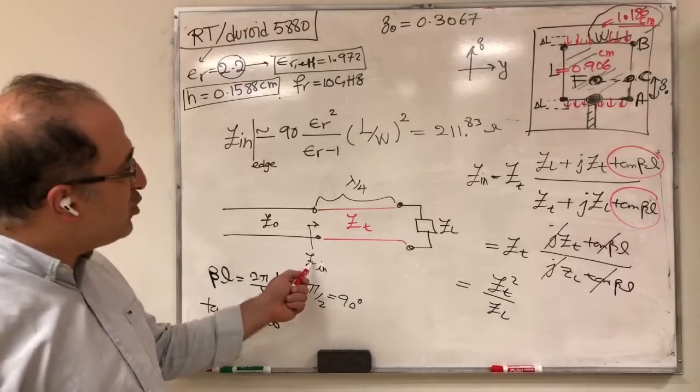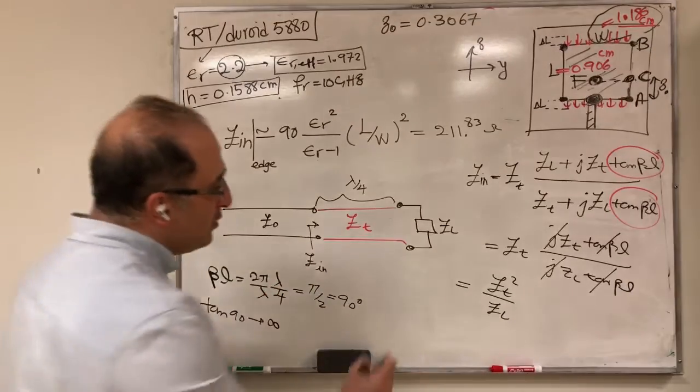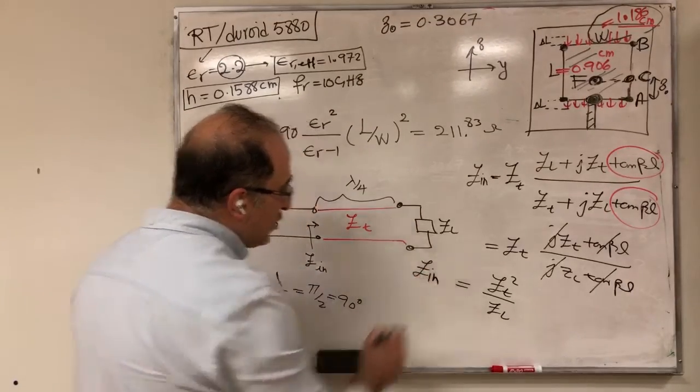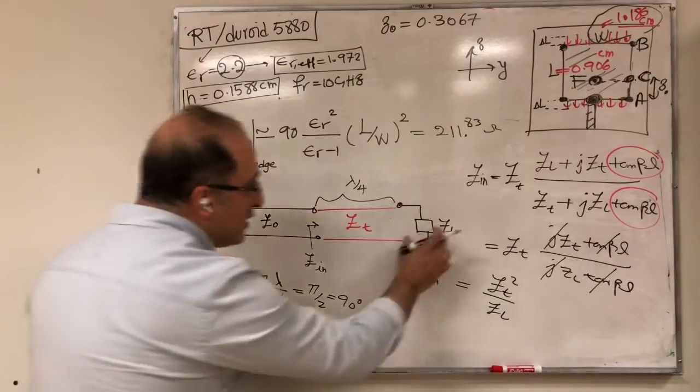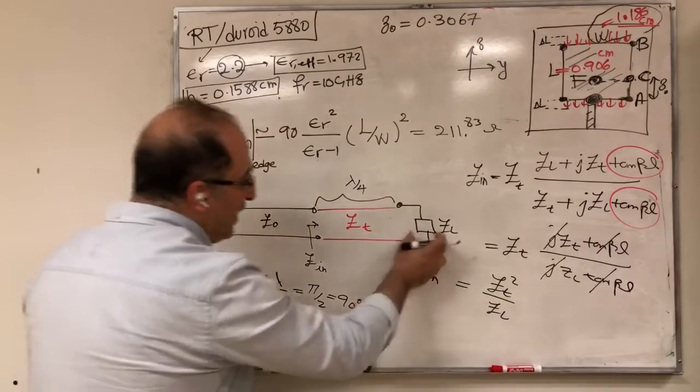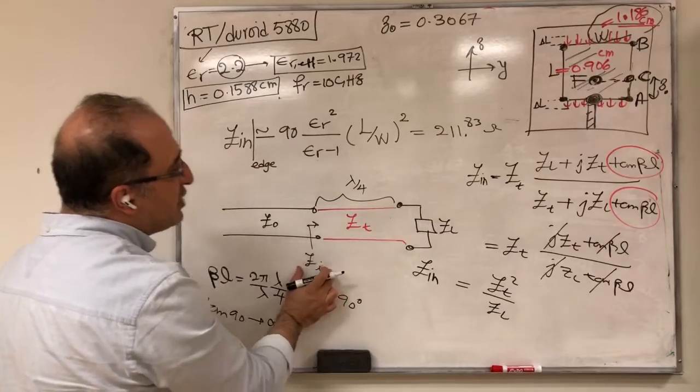So this becomes your Z in. Now you started with ZL and then you transformed it to something else, which is Z in.